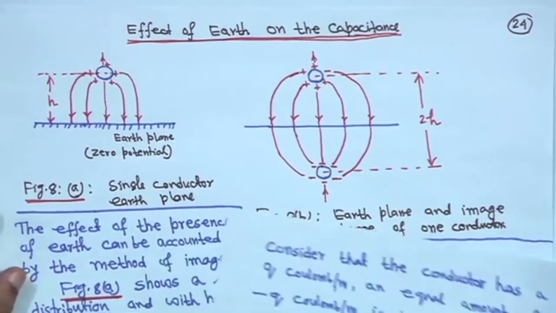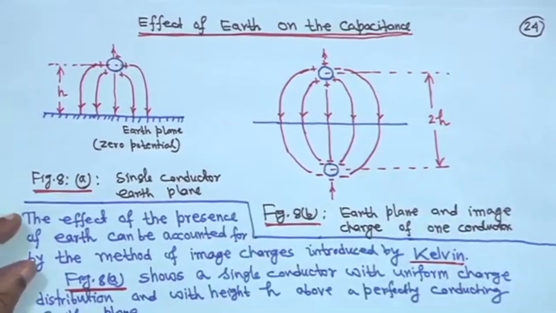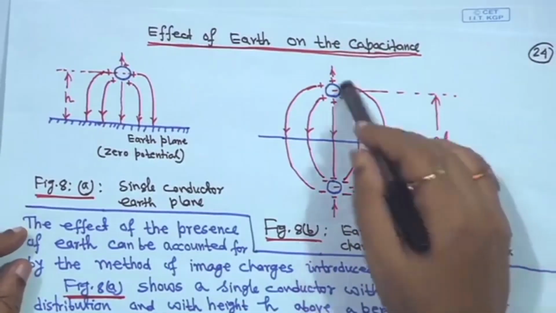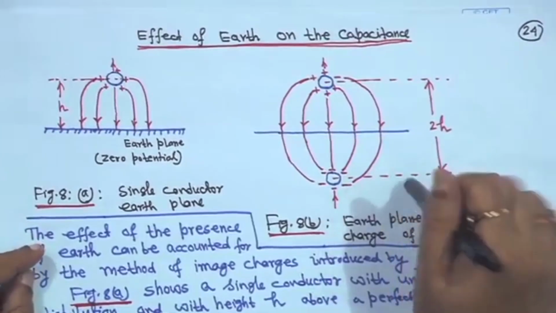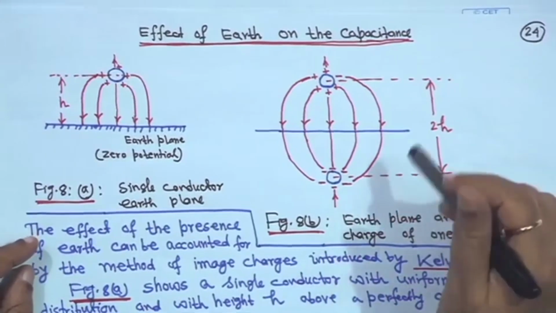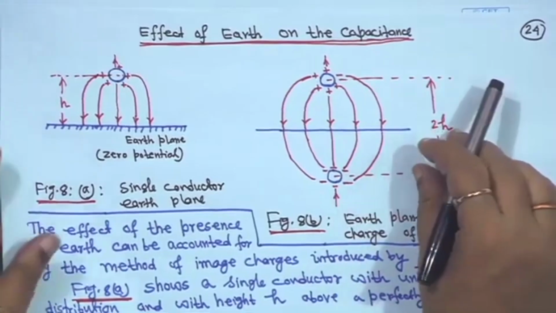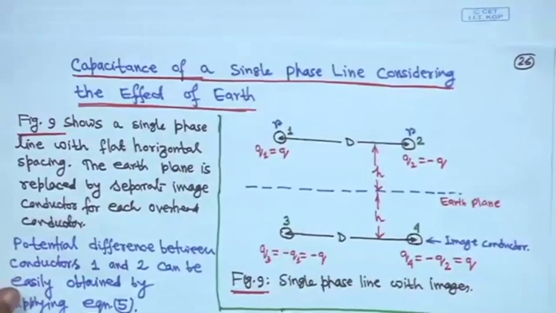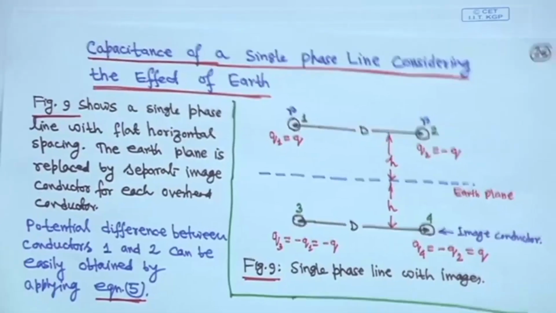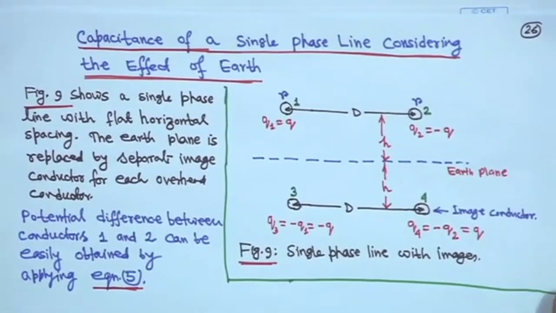Considering this image conductor, we have to find out the effect of the earth on the capacitance. So, to derive it, for example, the capacitance of a single phase line considering the effect of earth. We will show only the single phase one; the 3 phase one we leave to you.